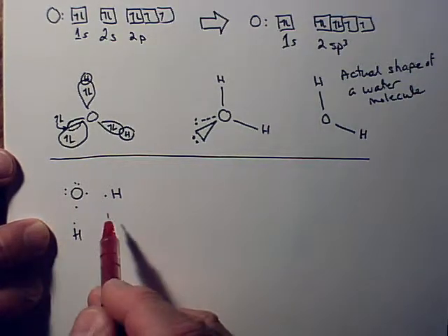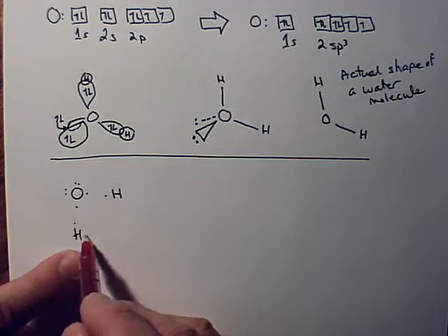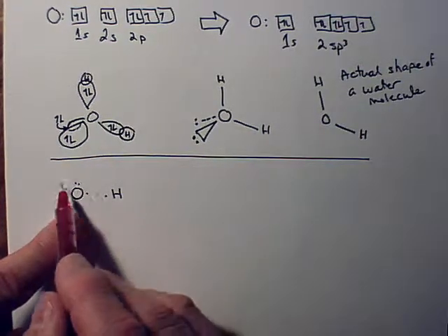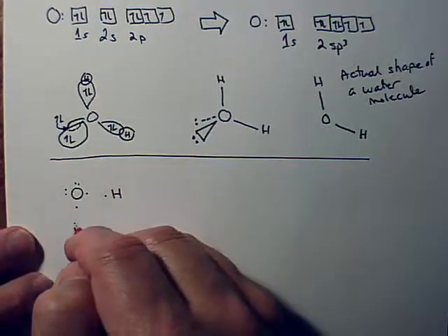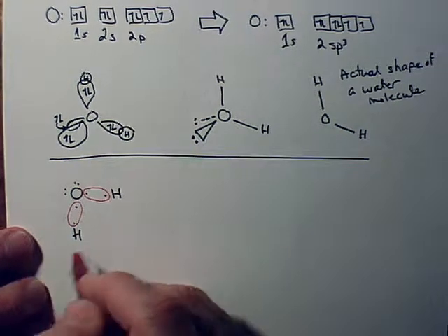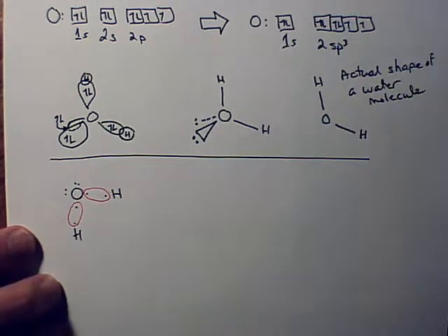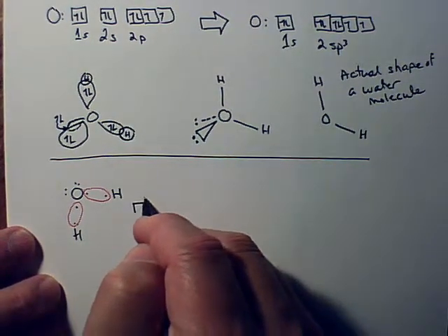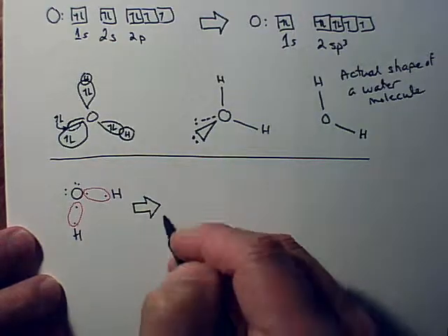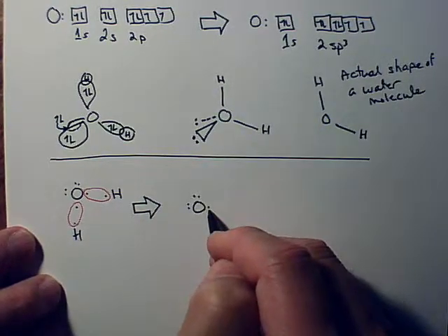So there's our electron dot formulas. Electron dot formula for hydrogen, another electron dot for this hydrogen, an electron dot formula for this oxygen. And then we're going to show the sharing arrangement like this. So now that becomes a sharing arrangement. Went from 3 electron dot formulas to a sharing arrangement. From the sharing arrangement, you're going to go to the Lewis dot formula.